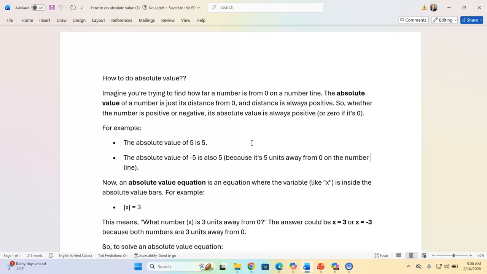So whether a number is positive or negative, its absolute value is always going to be positive. Of course, 0 is 0 if that's the number. So absolute value in its simplest terms is a positive number, and it's how far it is from 0. Remember that in your head: positive.